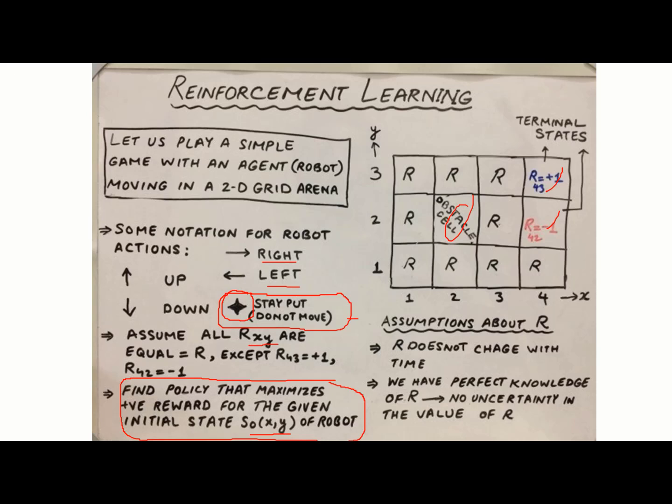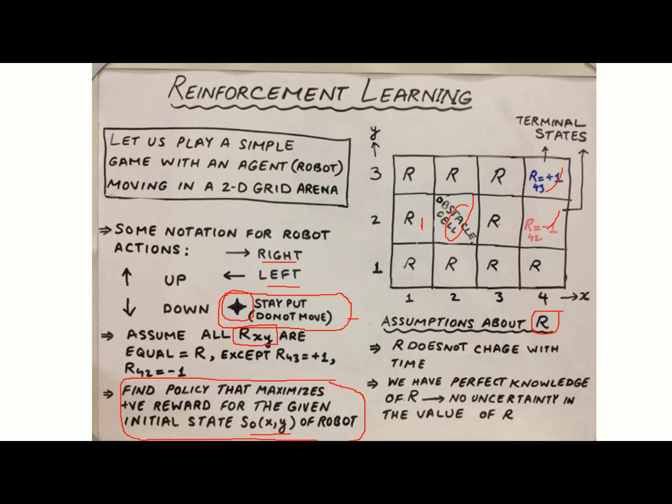So we shall ask: if a robot is let loose in this arena in any initial state, what is the best action it can take in that grid cell? Quite naturally, that answer would depend on the value of Rxy, which is the same for all the grid cells, and that value is set equal to R.